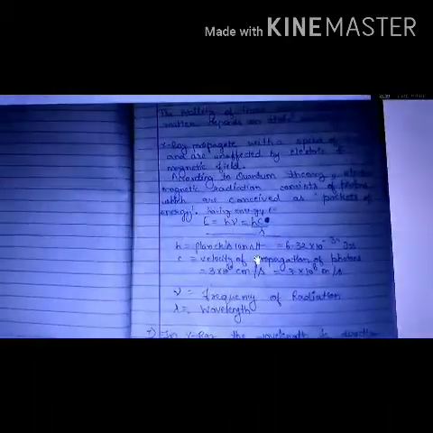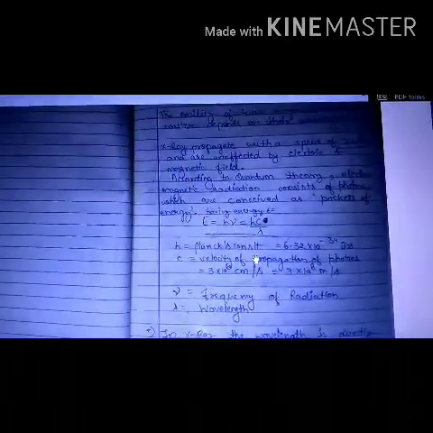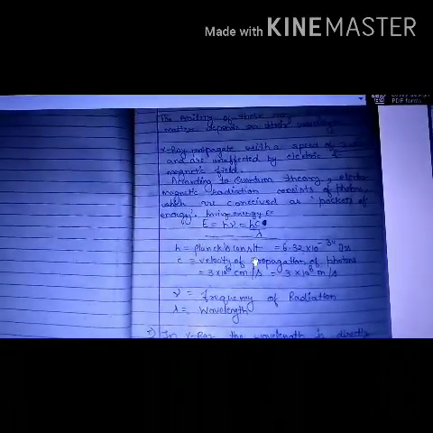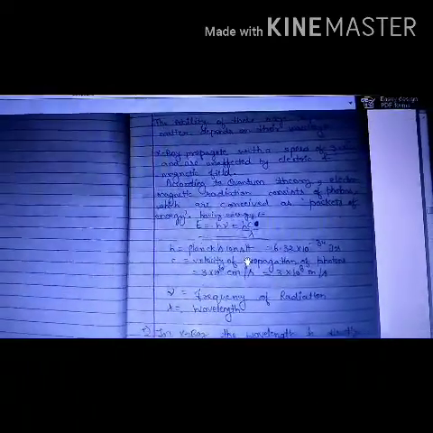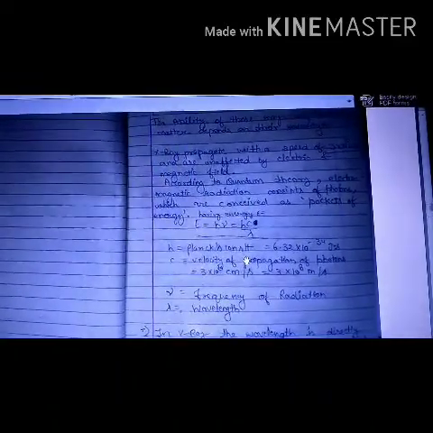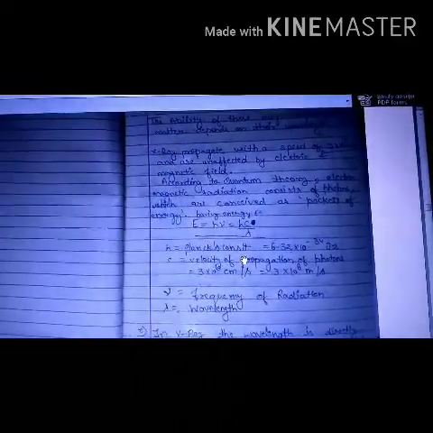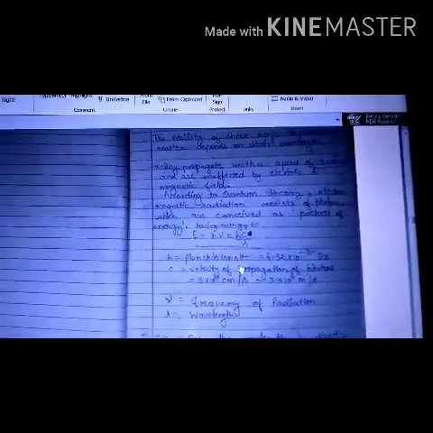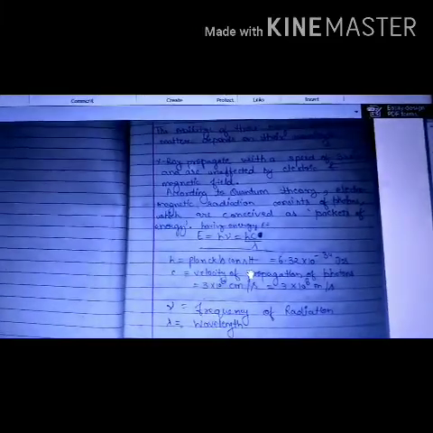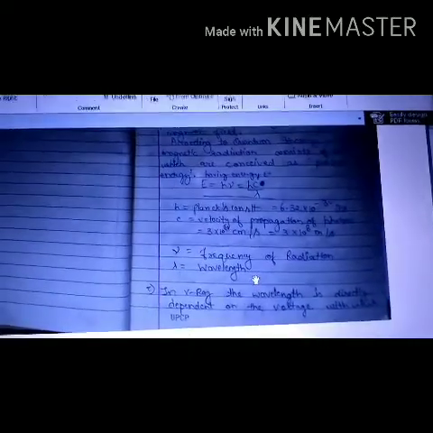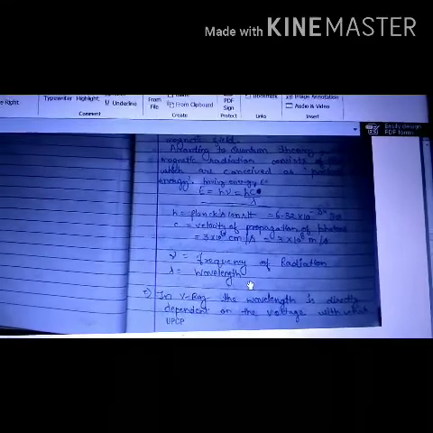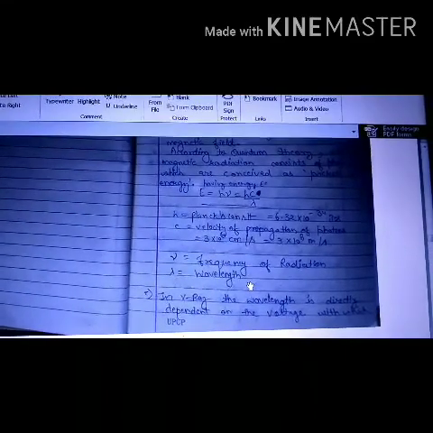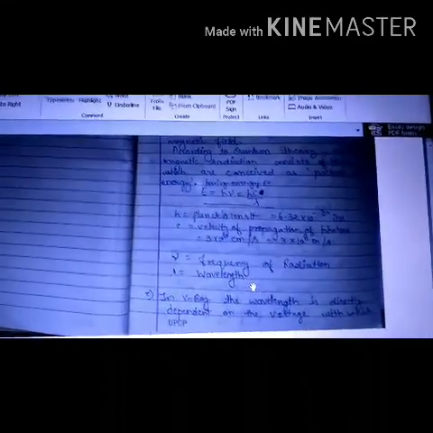Then see the velocity of propagation of photons. In this case it is not the speed of light but the velocity of propagation of photons. It is 3 into 10 to the power 10 centimeter per second. Okay, 3 into 10 to the power 8 meter per second, so it is quite similar to our speed of light. Then there is nu, that is the frequency of radiation, and lambda, that is the wavelength.